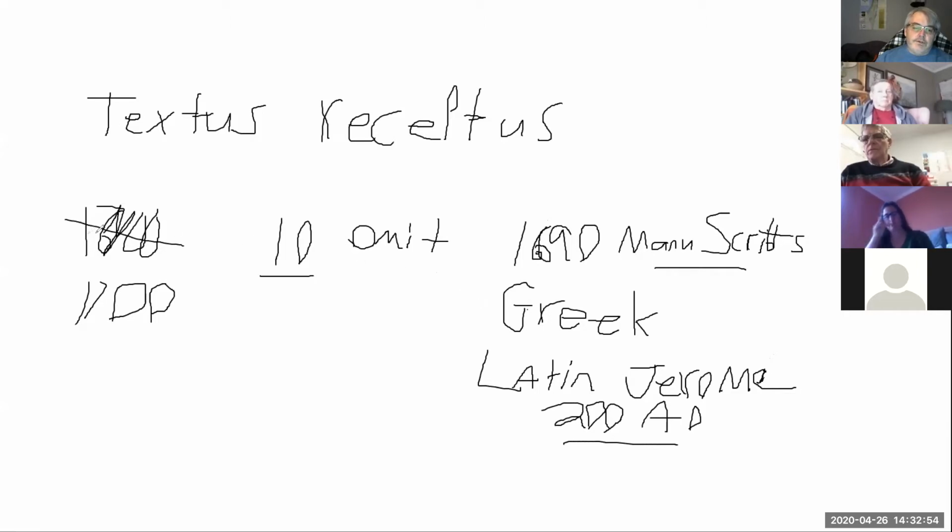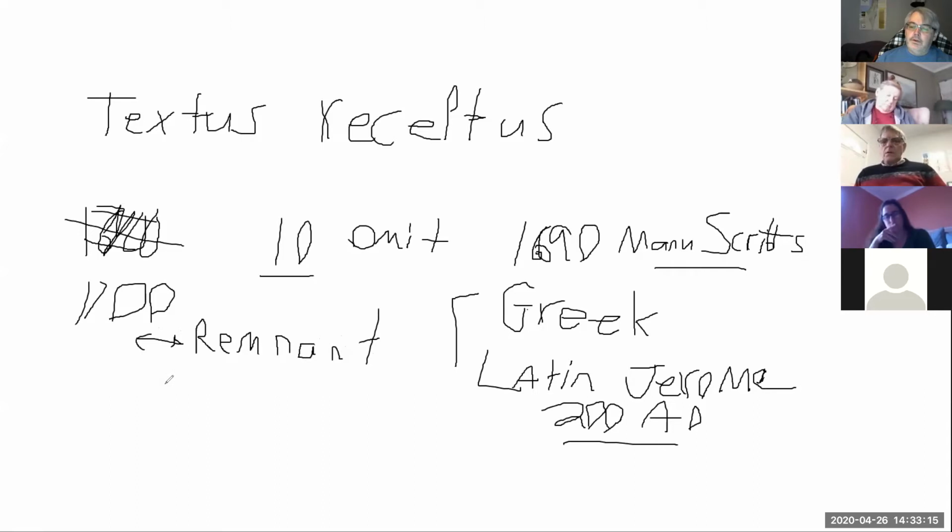So the Textus Receptus became the Greek and Latin that was the remnant church. So this was the Protestants before there were Protestants. Maybe you've heard of the Waldensians, certain remnant churches that were in opposition to the Roman Catholic Church that were sort of underground. They popped up in place and they were persecuted.